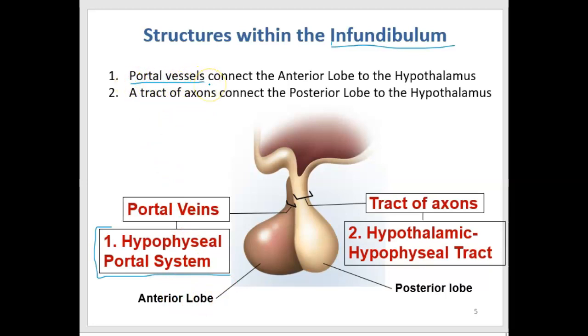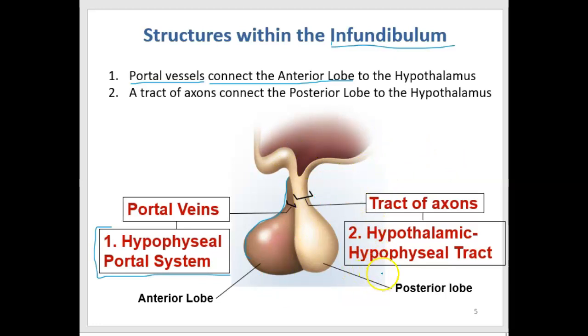These vessels, called portal vessels and capillary beds, connect the anterior lobe with the hypothalamus. So often the anterior lobe is drawn as kind of dark red to signify the fact that there's a lot of blood vessels in this region. And it probably appears that way in real life as well.